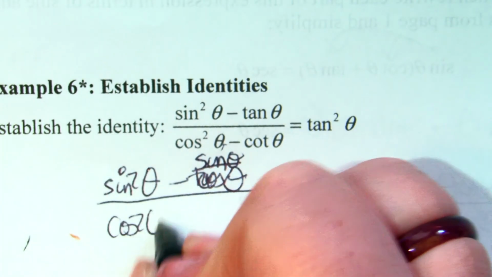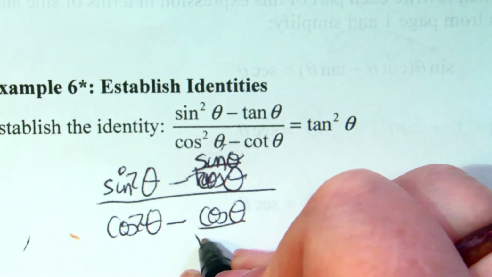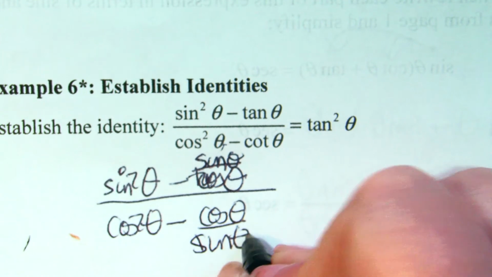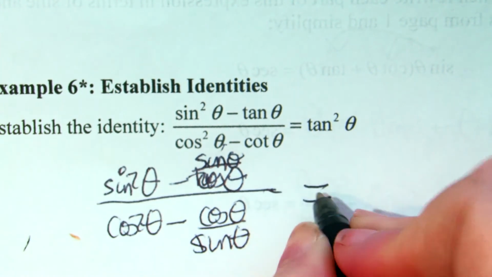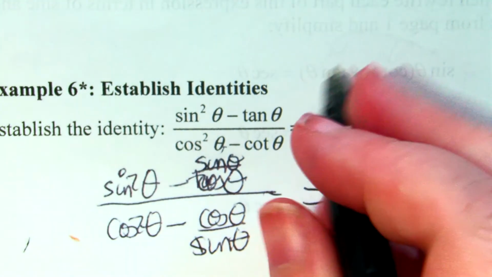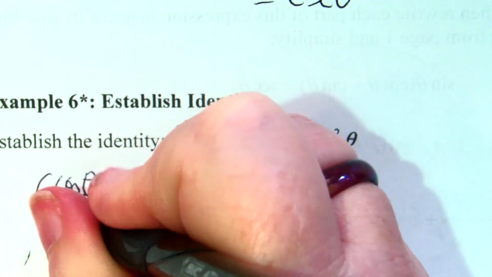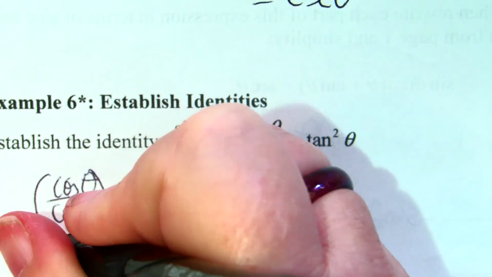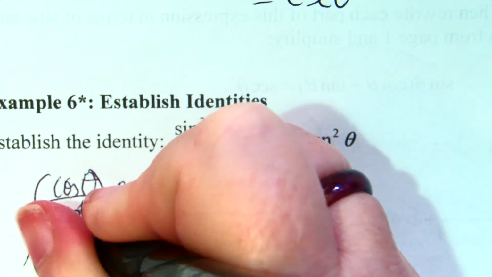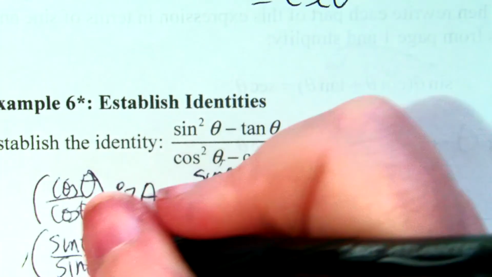Cosine squared theta minus cosine theta over sine theta. And then we're going to multiply, because this has a cosine in the denominator, we're going to multiply the top by cosine theta over cosine theta. And we're going to multiply the bottom by sine theta over sine theta. Top by 1, bottom by 1.